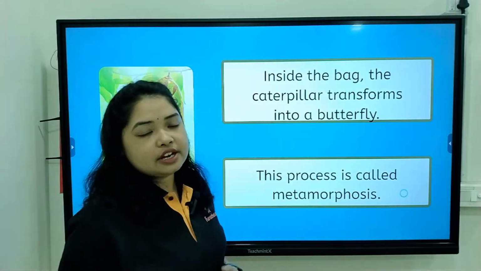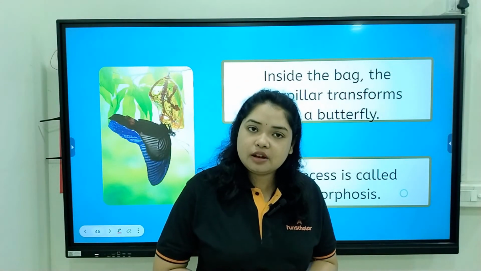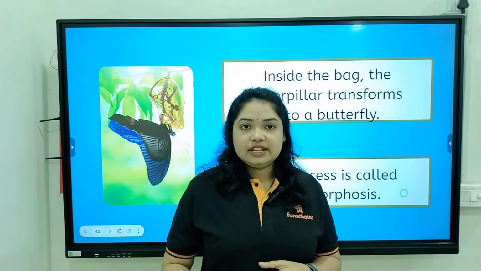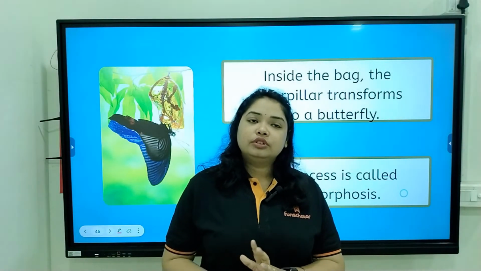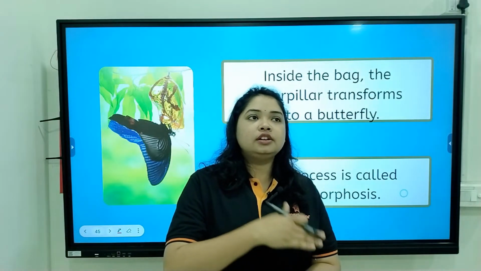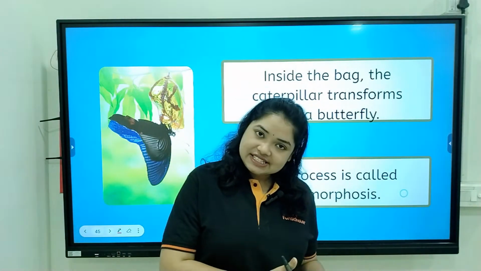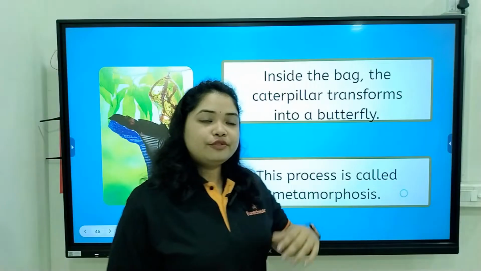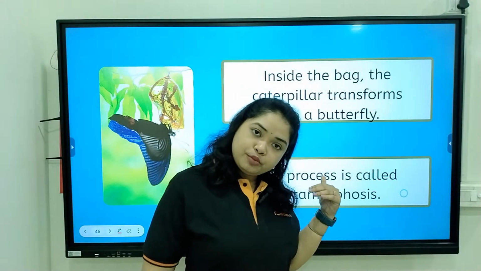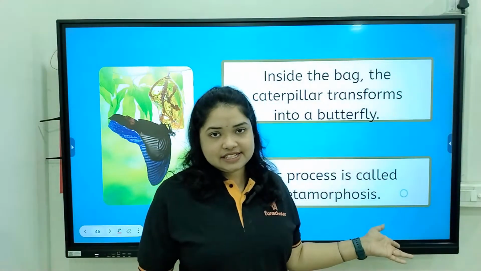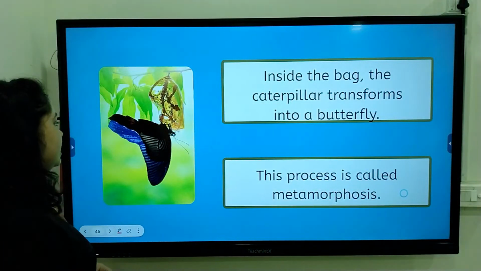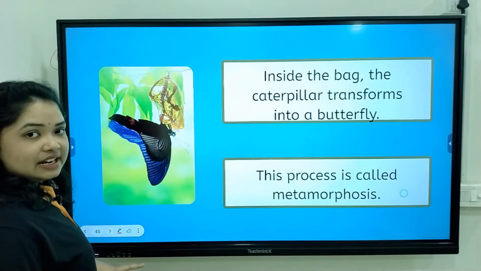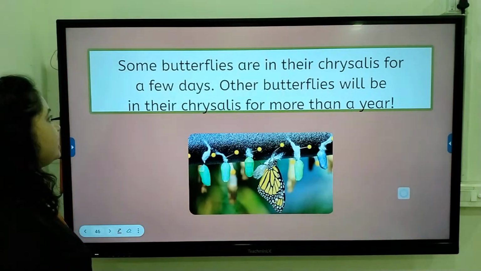Just like we have seen, the word metamorphosis itself means change. That means a series of changes leading to the overall conversion from one stage to another. So in the case of a butterfly, the conversion from the pupa stage to the adult stage is carried out inside the sac-like structure called the chrysalis.